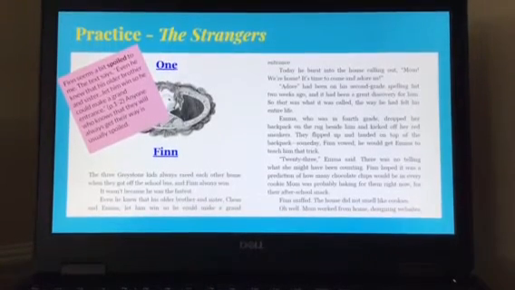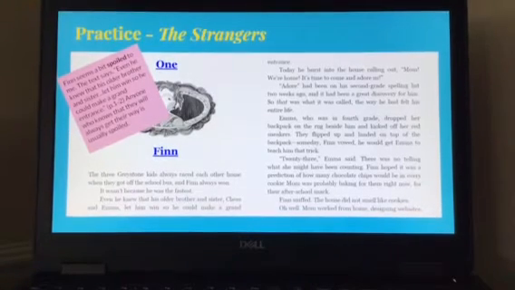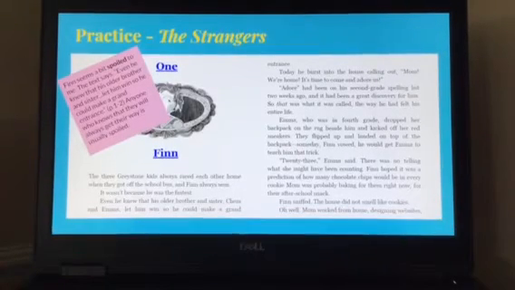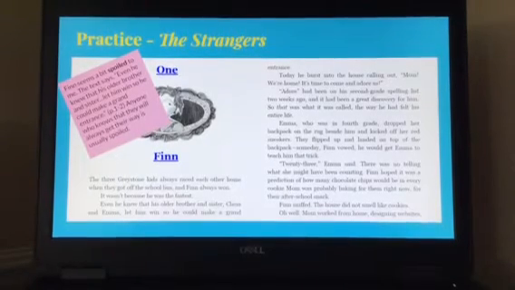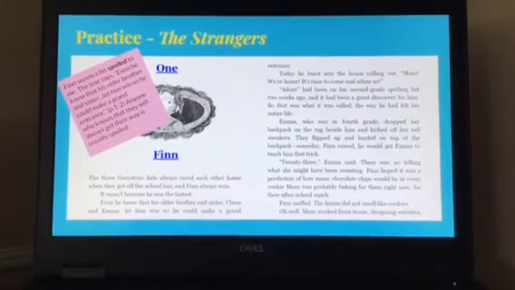The text says, "even he knew that his older brother and sister let him win so he could make a grand entrance." I put quote marks around that and the page number. My background knowledge is anyone who knows that they will always get their way is usually spoiled. And then I would read on.